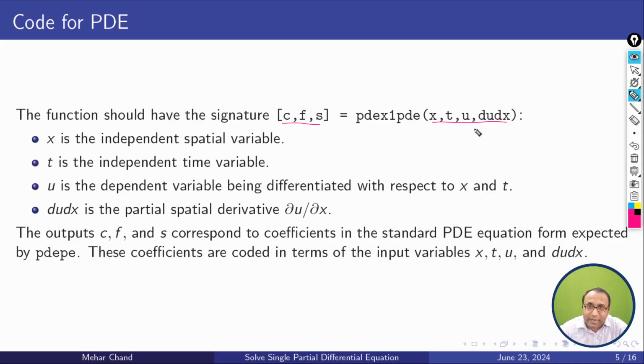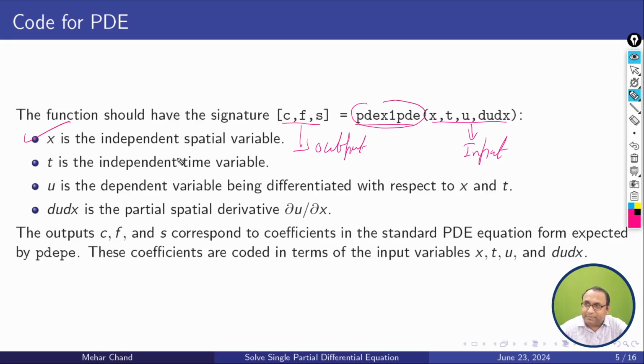So these are the input arguments, and these are the output arguments. PDEx1PDE is just the name of the file which we will save with this name. If you want to change it, you can.